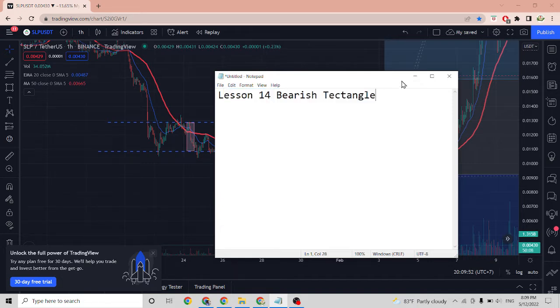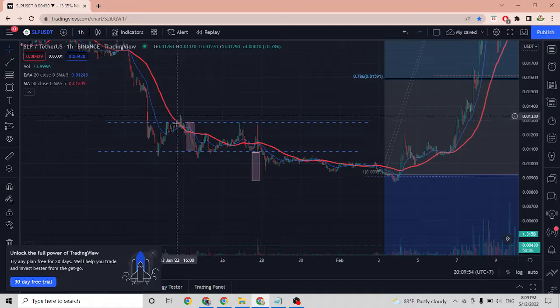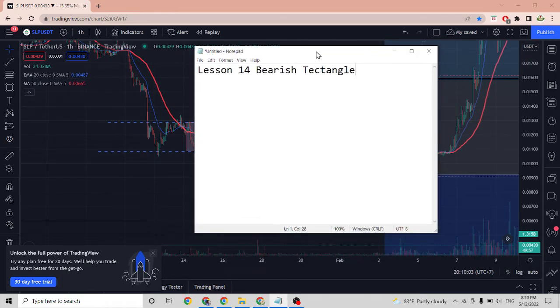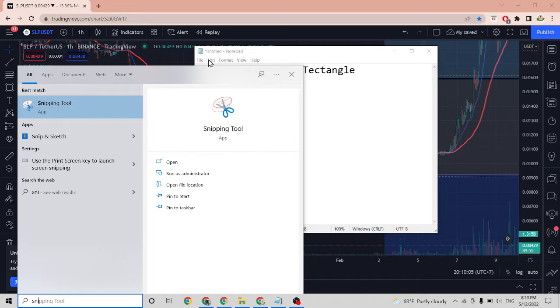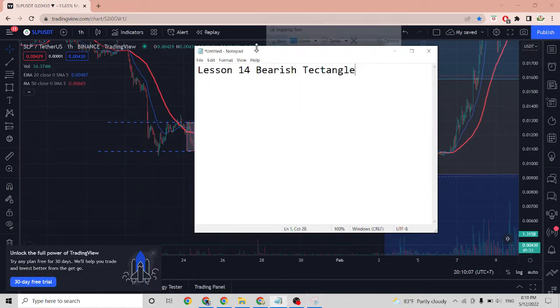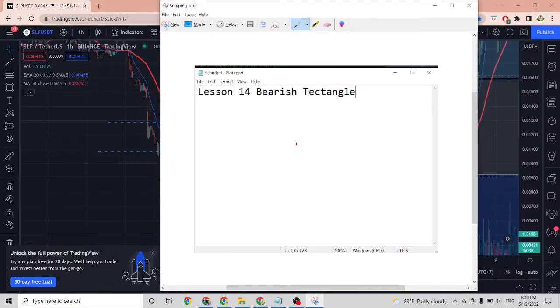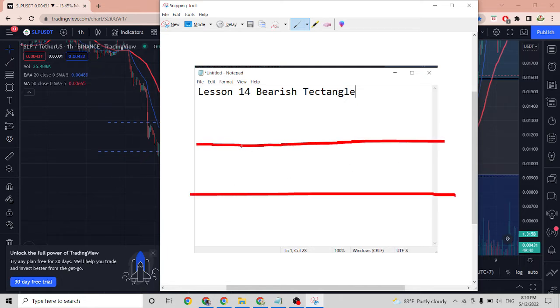So this chart happens on sideways. See, sideways. What is sideways? Let me check the snapping tool. So sideways is the chart which happens like this. Like this, the two lines are equal.